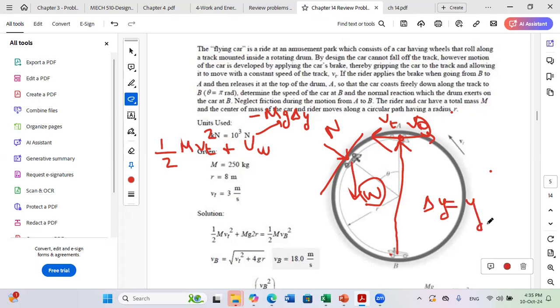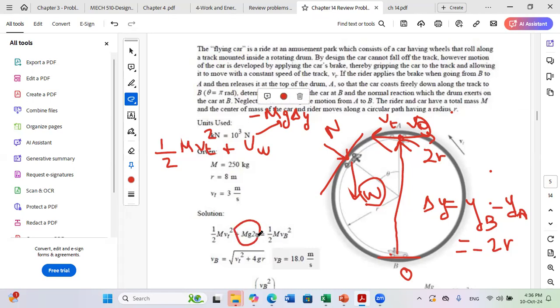And since I consider y to be positive up and my car is moving down, YB minus YA is negative. For example, if you consider the origin to be here, YB is 0, while YA is 2 times the radius. So delta y will be equal to minus 2r. And since I already have a minus, it will give me plus. So the work of weight is plus mg times 2r.